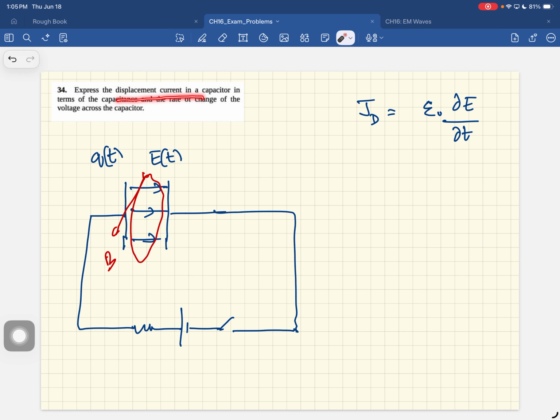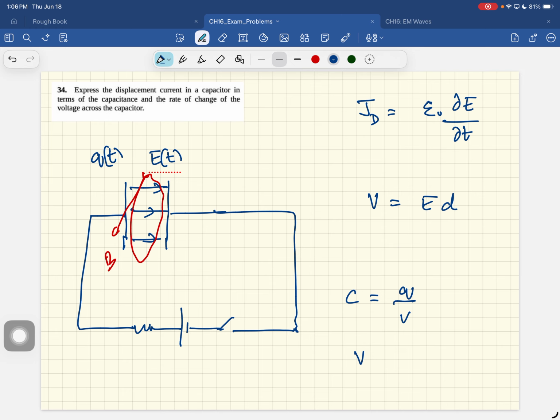Okay. And displacement current is JD times area, equal to epsilon naught area divided by D, del V by del T. And this was the capacitance of the capacitor for a parallel plate capacitor. So for a parallel plate capacitor, the displacement current is the capacitance times del V by del T.